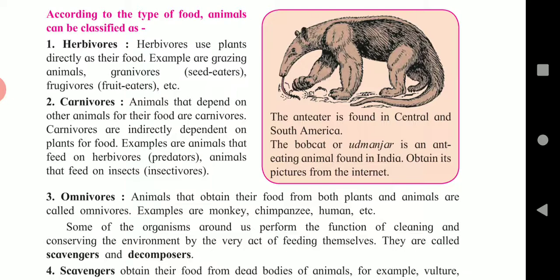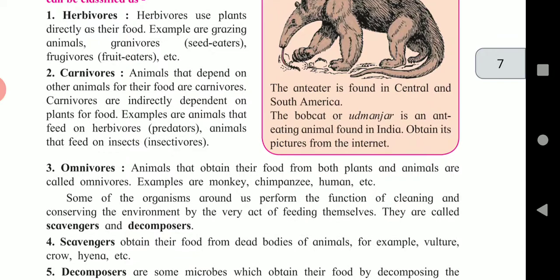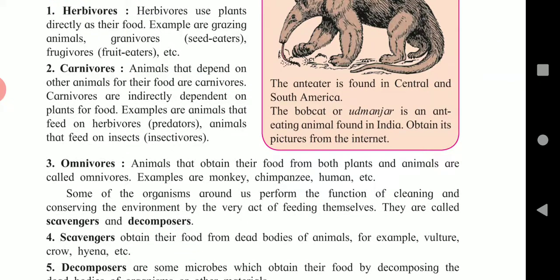Examples are grazing animals and granivores, which means seed eaters, and frugivores, which means fruit eaters. Next one, carnivorous animals that feed on other animals for their food.